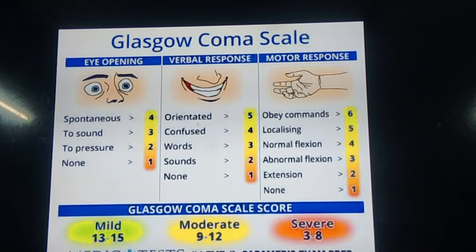Because assessment of GCS is not only important initially, but it also helps you know if the patient's condition is deteriorating. If the GCS is going down, that means the patient's condition is deteriorating.